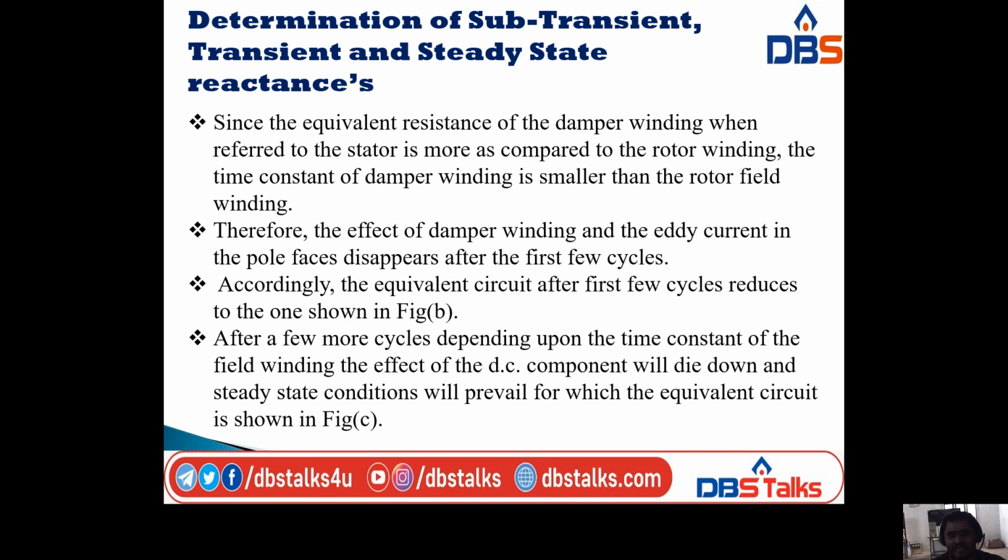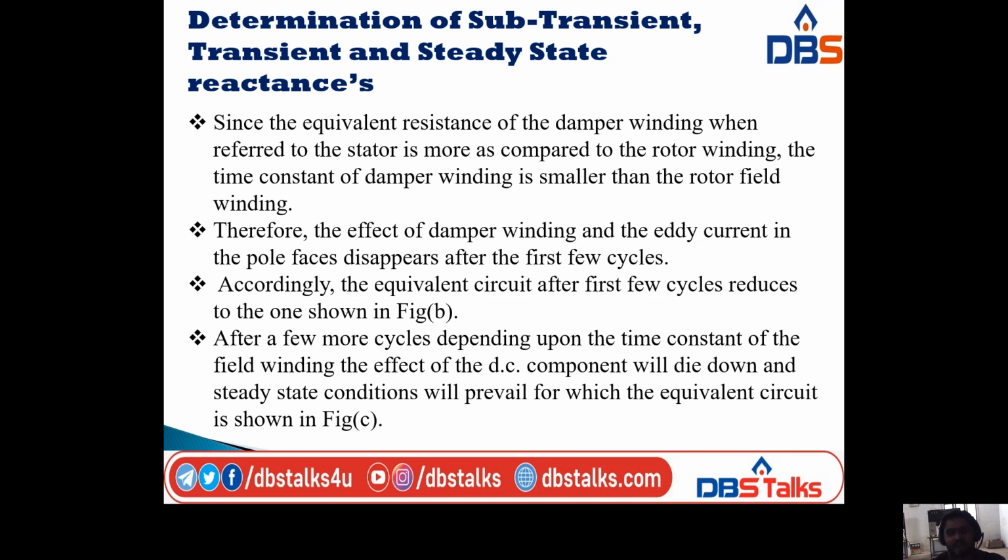And after a few more cycles, depending upon the time constant of the field winding, the effect of the DC component will die down. In the first slide I said that we have two components, one AC component and another DC component.